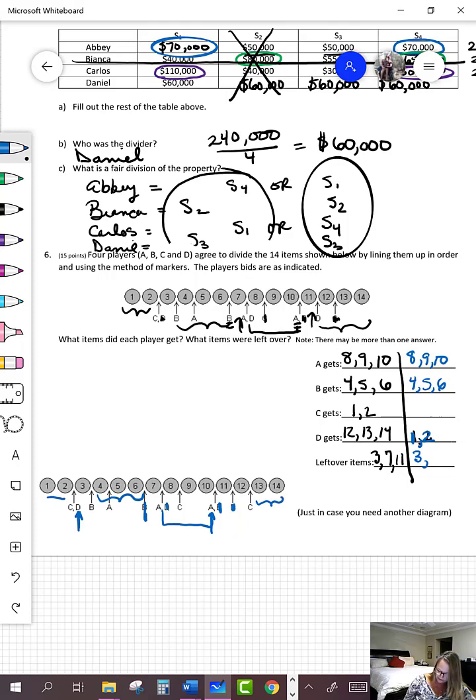So what's left over? We have 7 that's still left over in here. C though, his last marker is here. And so he's only getting that to the last piece. So he's only getting 13 and 14. If he gets only 13 and 14, then we have 2 remaining pieces of 11 and 12.